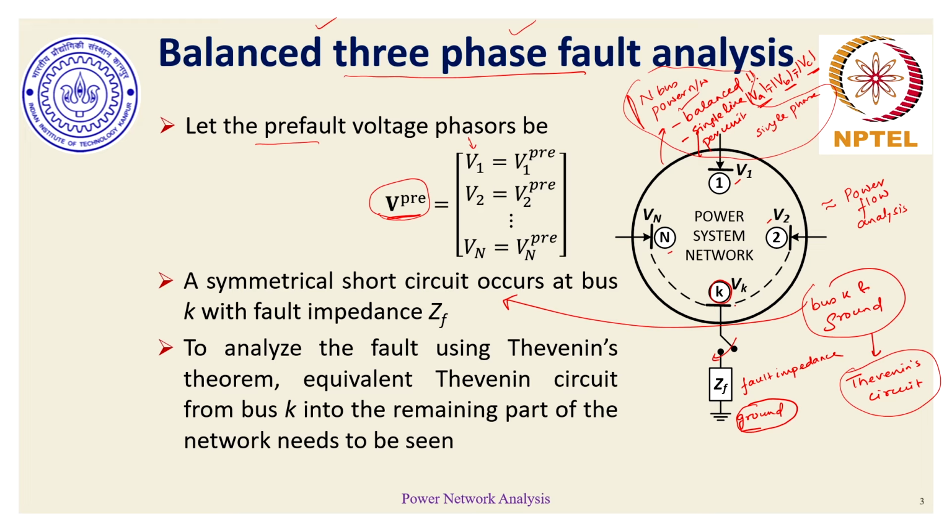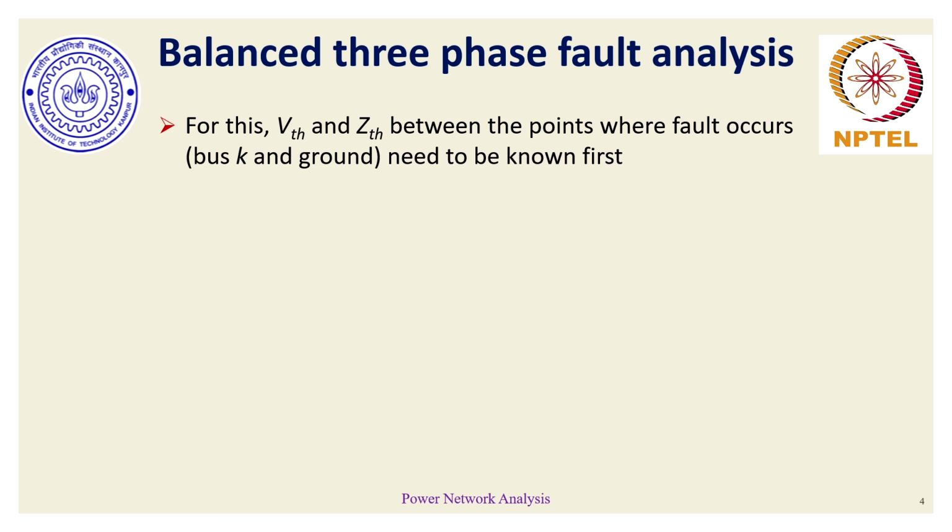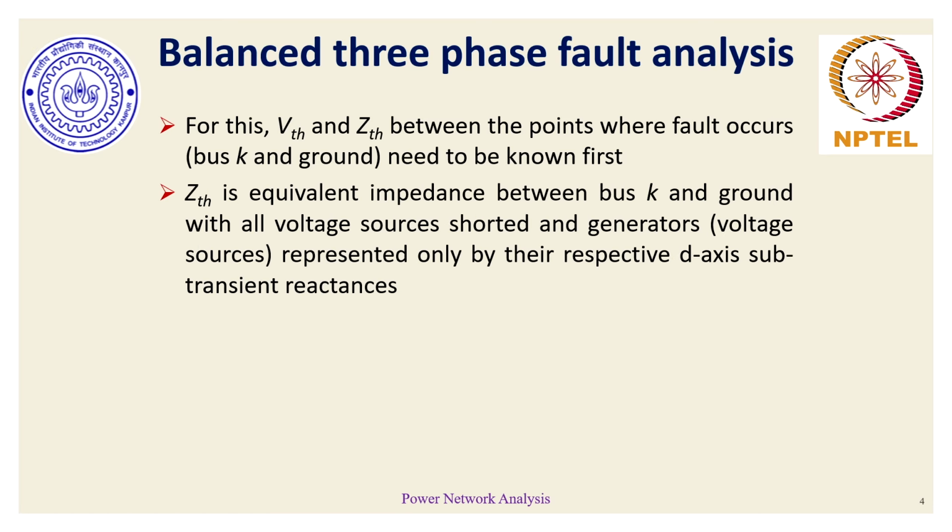So the point of interest is, how do we find this Thevenin circuit, or before we apply Thevenin's theorem, how do we find the corresponding Thevenin circuit? For the time being, we will assume that by some analysis we are able to find it, which would consist of the Thevenin voltage and the Thevenin impedance.